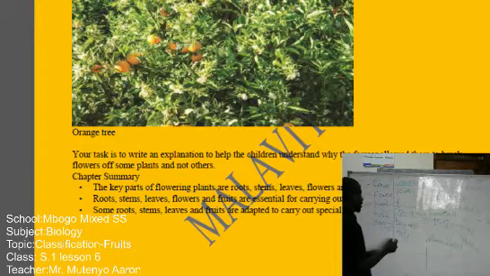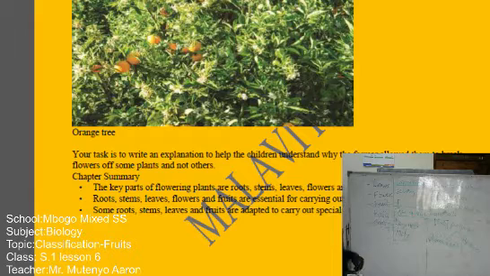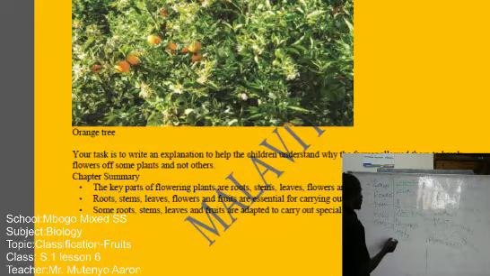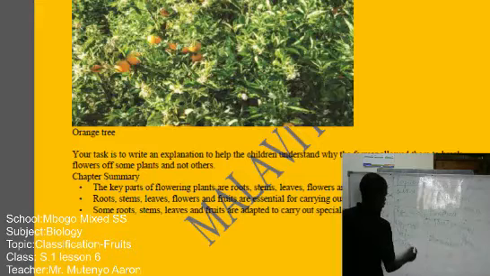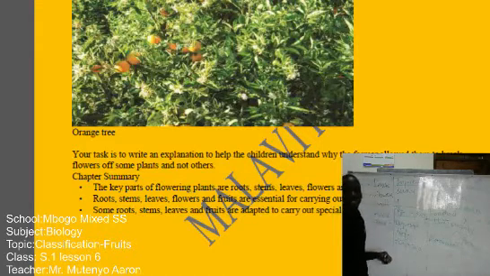Nuts. We also have what we call schizocarp. Those are types of fruits. The schizocarp include the desmodium. The desmodium is a schizocarp. Okay, the desmodium.